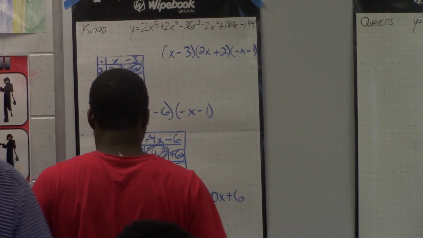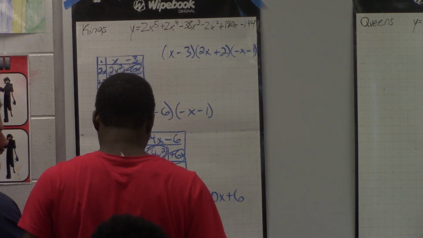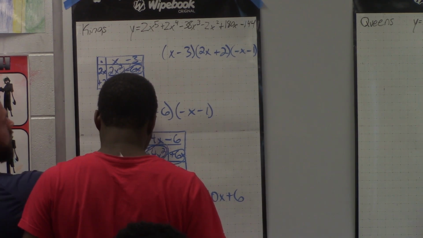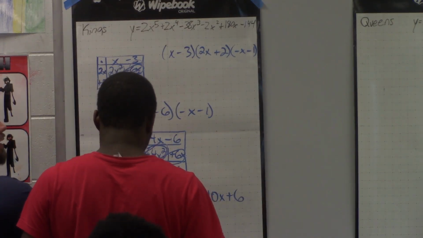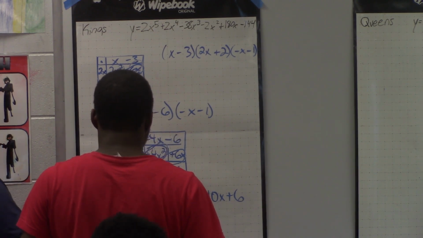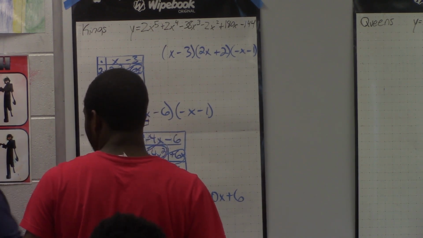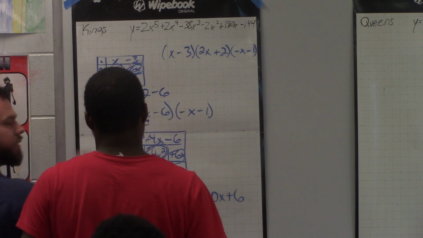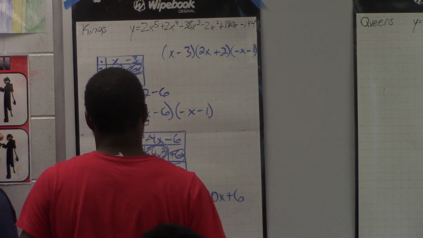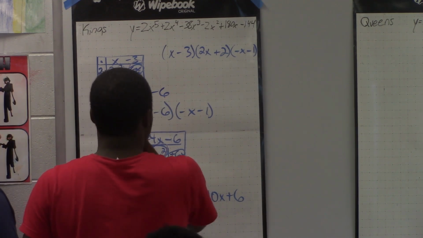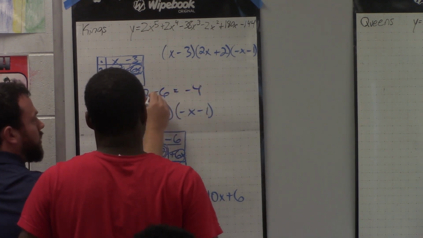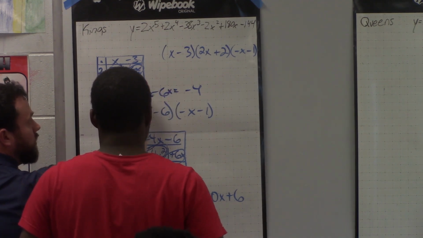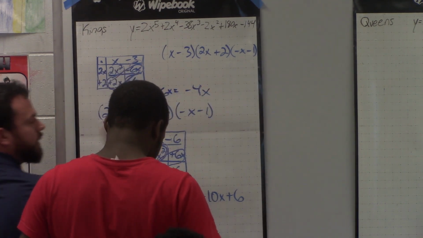Hobby is pointing out that instead of doing negative 6x plus 2x, go ahead and make this negative 4x. So that's negative 4, right? 2x minus 6x is negative 4x.